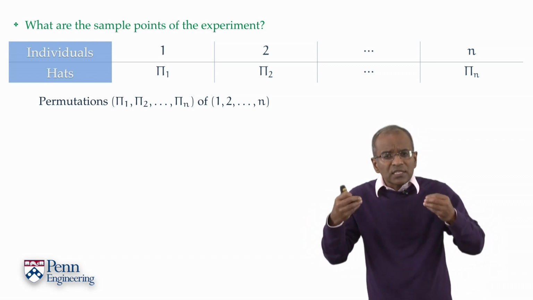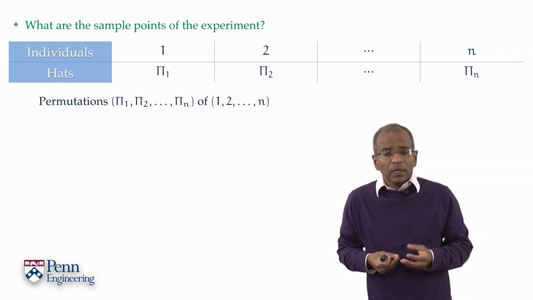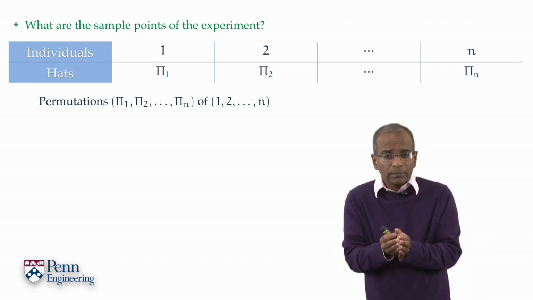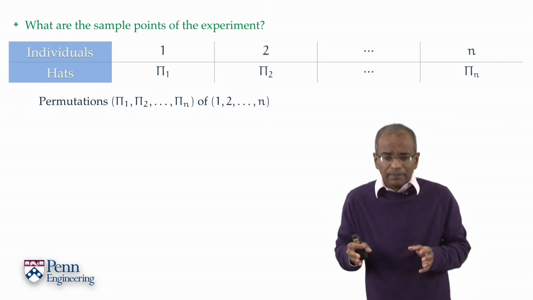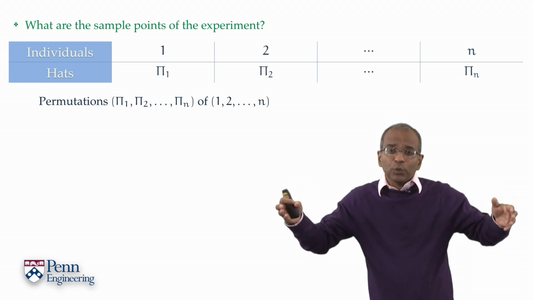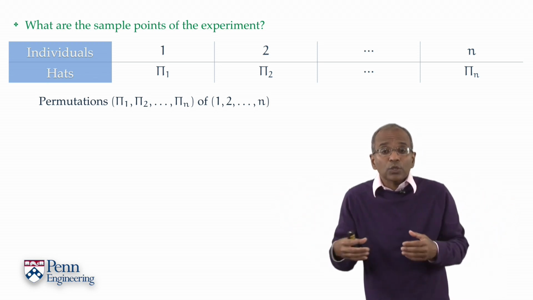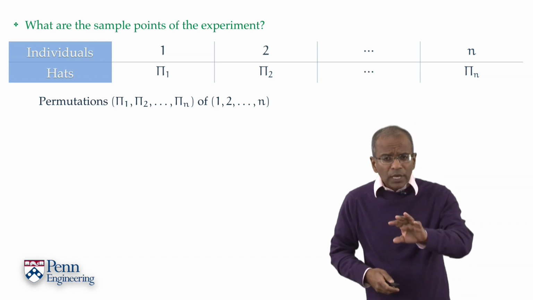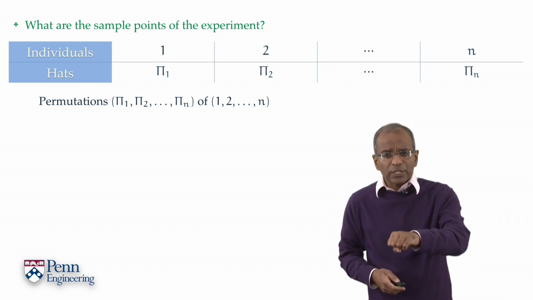And therefore, these are exactly the sample points. How many permutations are there? Well, naturally n factorial. So this is a finite setting. But the number of sample points grows very, very, very quickly because the factorial function grows quite rapidly as n increases. Very well, so at least now we understand the sample points are very simple to characterize.